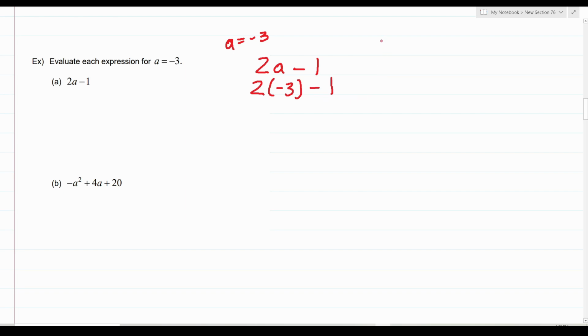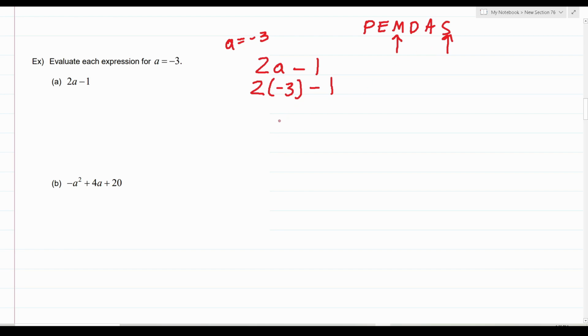If it's helpful, you can refer to your order of operations, PEMDAS. We have multiplication, 2 times -3, and then subtraction, minus 1. According to the order of operations, we take care of multiplication first, and then we'll take care of that subtraction next.